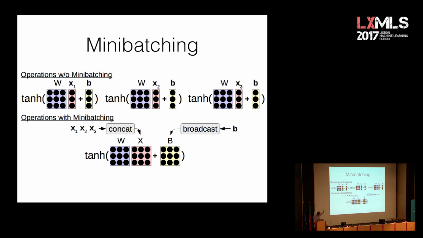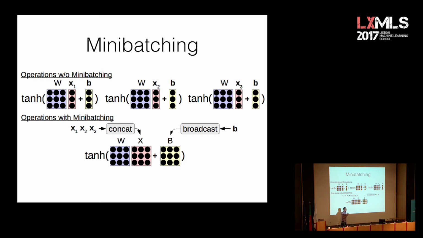You're doing your weight matrix times input vector plus a bias, and you're doing this for 3 different examples. But what we do instead when we're doing mini-batching is we take all of these vectors and stick them together into one big matrix, and then we take this B vector here.